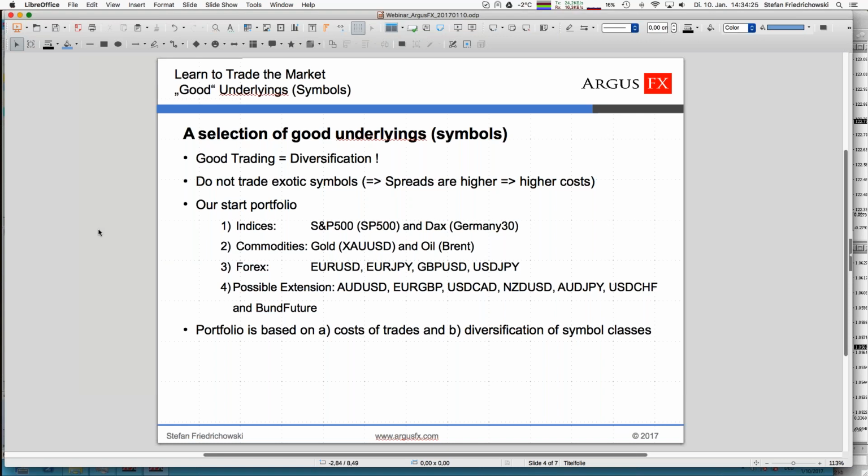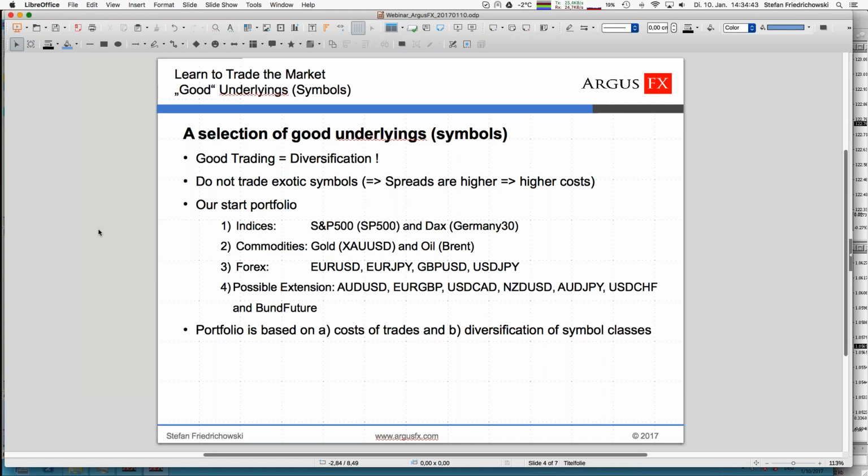So we have 1,000 chances for our trades. But it's better, especially when you start trading, to concentrate on a few underlyings, so a few symbols.